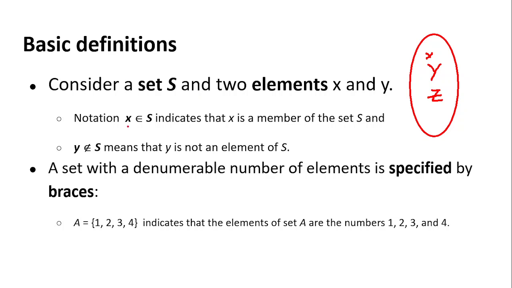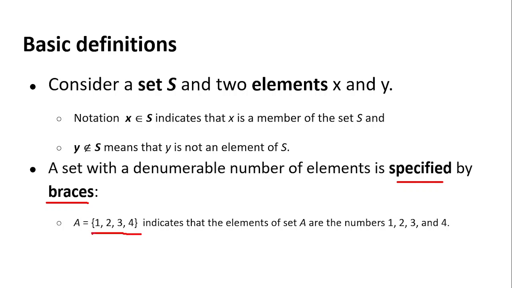Now we use the notation belongs to, this epsilon notation, to say that x is an element that belongs to the set S. In the same way, we use does not belong to, this epsilon with a dash, indicating that the element does not belong to a particular set. Also, the elements of a particular set are shown in the flower bracket, so that you can notice over here.